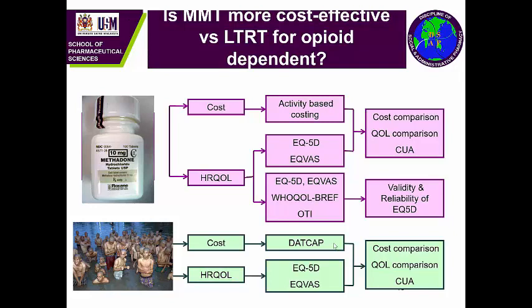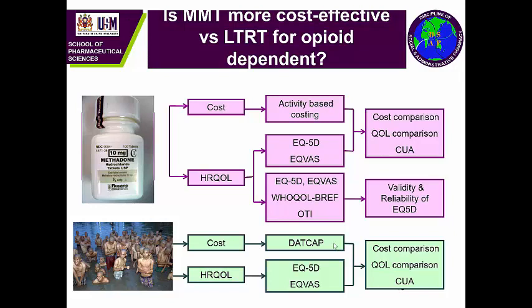There are also other examples of studies that I'm going to show here, which were done by the group in USM. One looks at the Pusat Serenity option for people who are addicted to opioids in Malaysia. In Malaysia, if you are a drug addict, you have the option to either go to Pusat Serenity or be enrolled in the methadone clinic in the hospital.